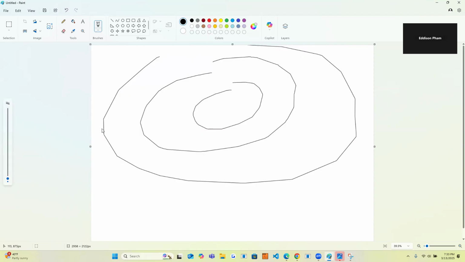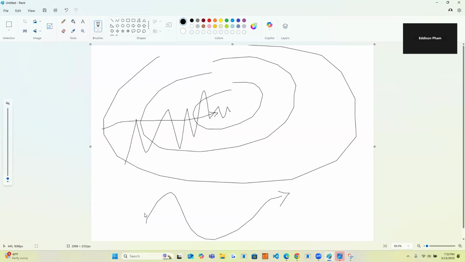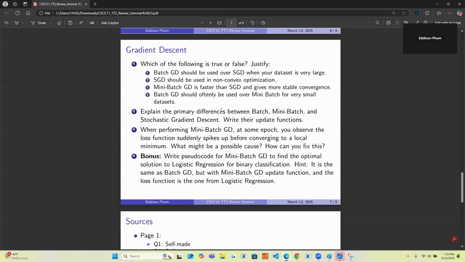Gradient descent is like this, right? SGD, on the other hand, is like this. It's very spiky. And when you have, say, this is your curve, SGD could jump all over the place, here to here. So SGD should be used in non-convex optimization, true or false? It's okay if you're wrong, just do your best to answer and explain why.